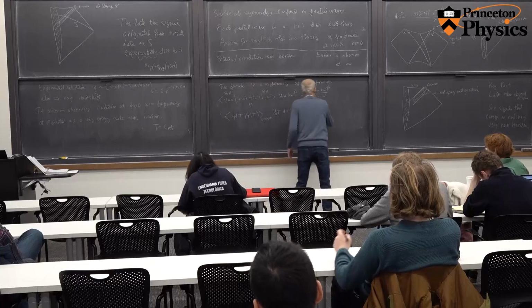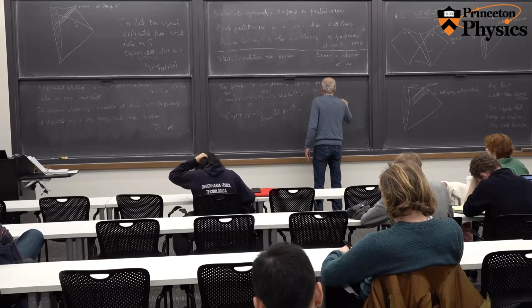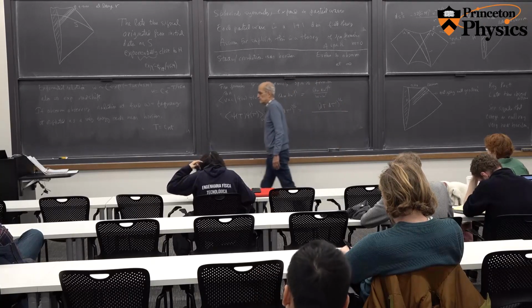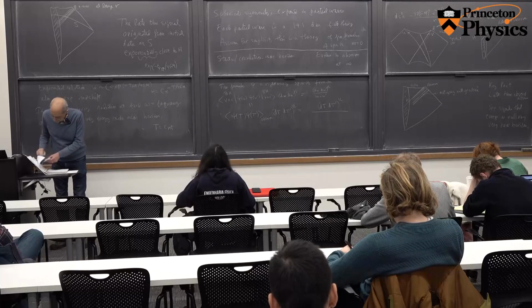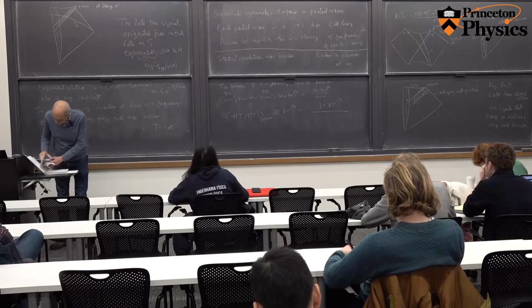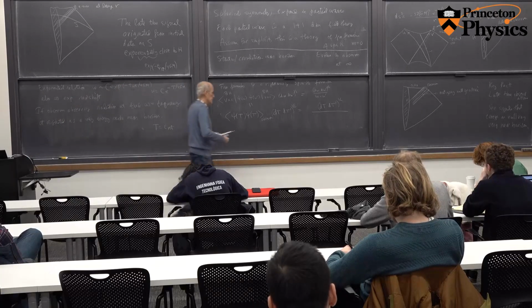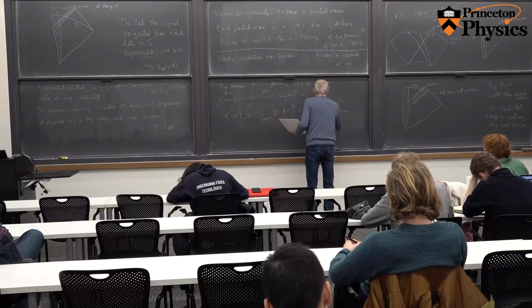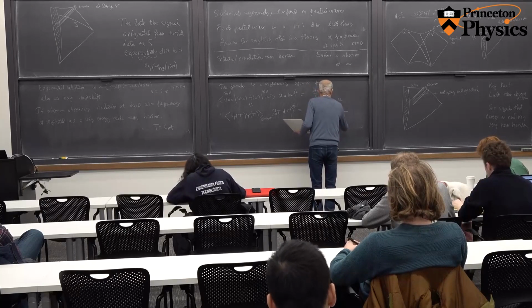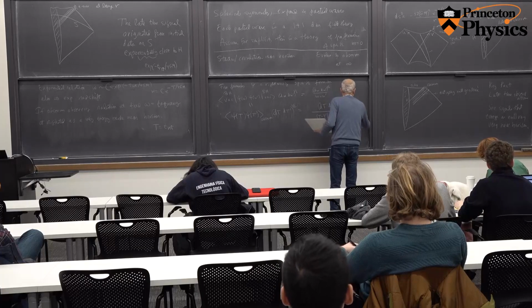And when you make that change of variables, you get dt prime to the 1/2 over e to the t minus t prime over 8gm minus e to the minus t prime over 8gm.